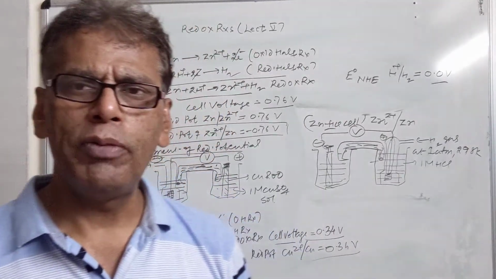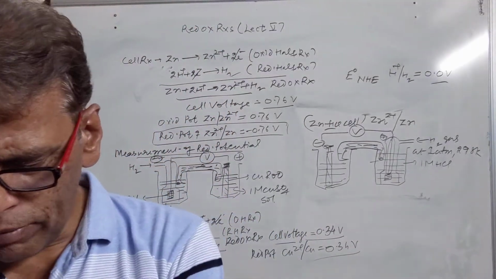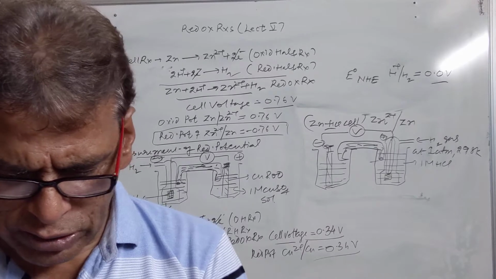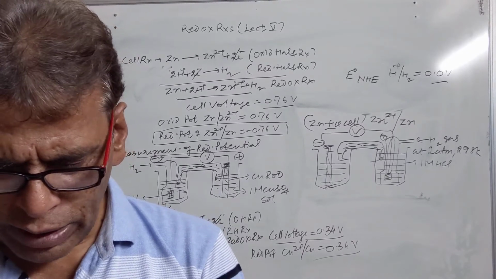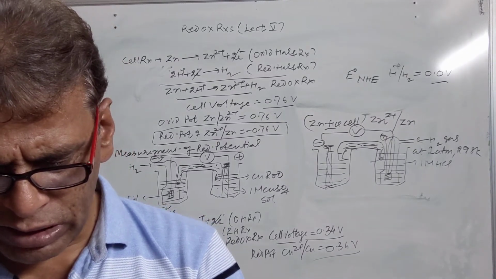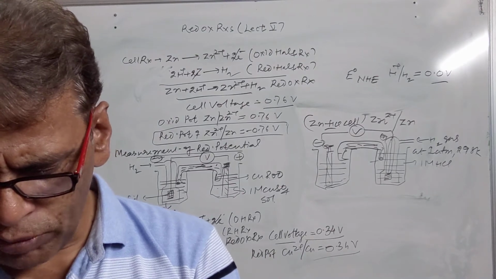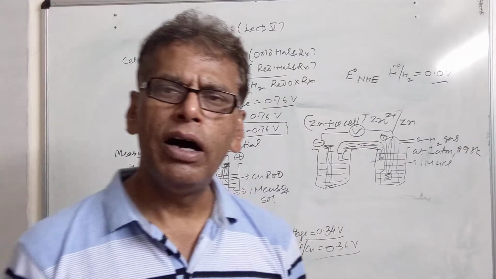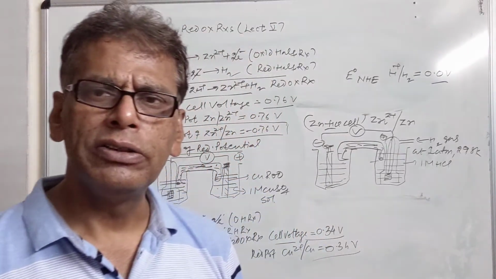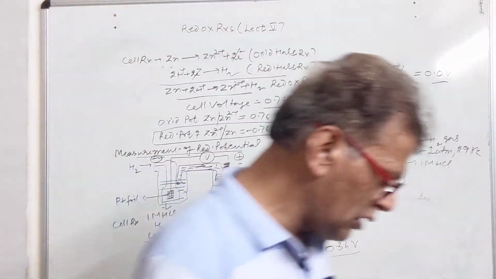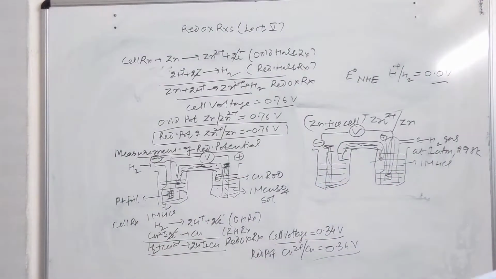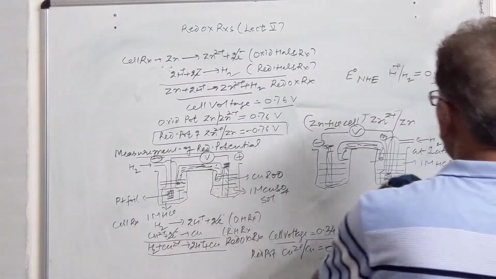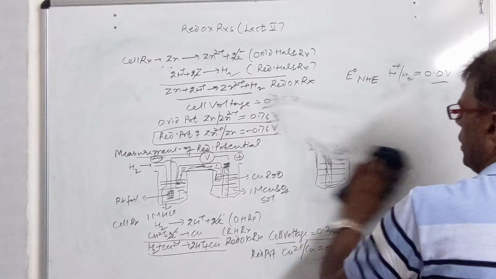So our next topic will be what is the electrochemical series and what are its main applications. After that we will be discussing the Nernst equation and the stoichiometric calculations involved in cell reactions. So now we come to another very important topic, that is the electrochemical series.